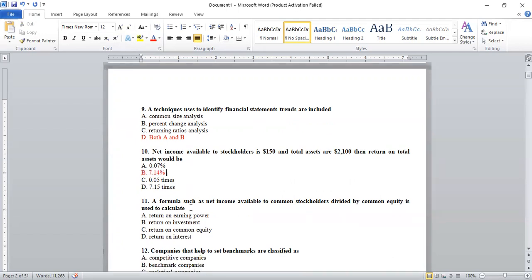Question 11. A formula such as net income available to common stockholders divided by common equity is used to calculate return on common equity.